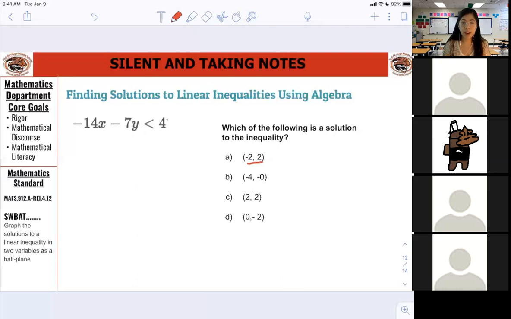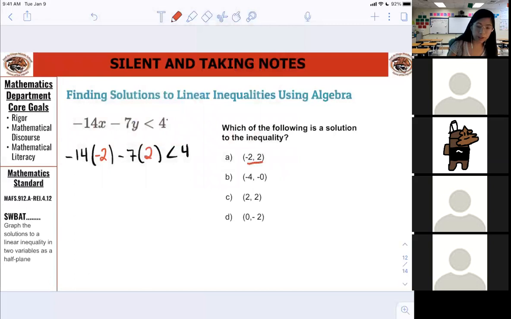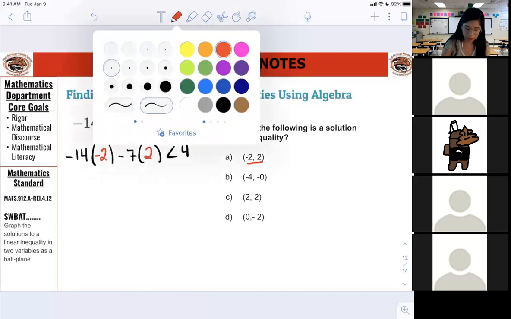With answer choice A, what should I plug in for the X value? -2. -2 goes in for X. And then for Y, I put in +2. So I'm just plugging in -2 and +2. And now I'm going to go through and solve.